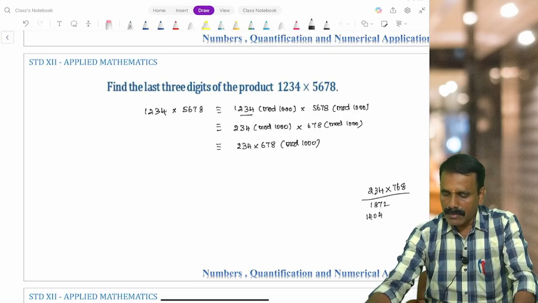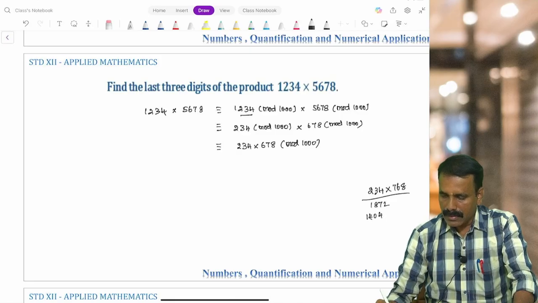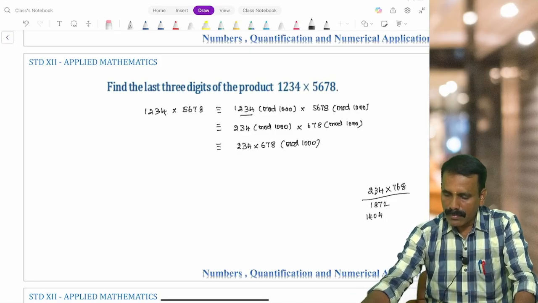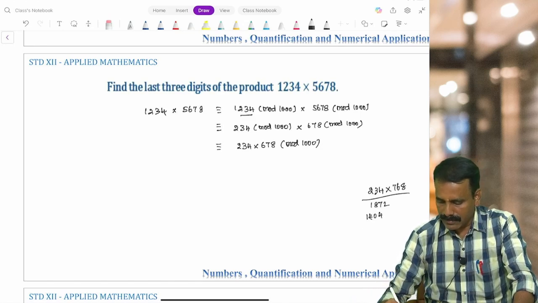And 234 multiplied with 7 is going to be 1638.